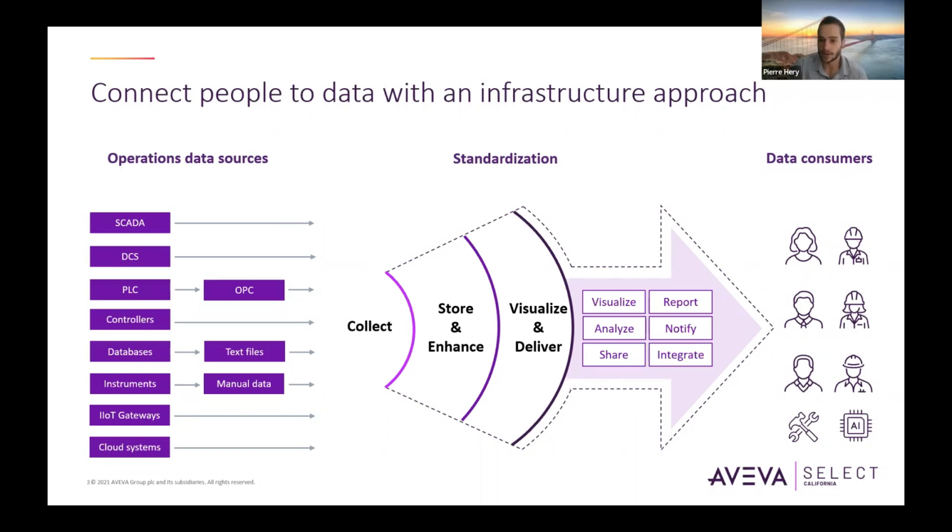It all starts with a collection of operational data from the data sources on the left, which include SCADA, PLCs, SQL databases, and manual entry is supported as well. Then the second step is the storing and enhancing of this data using the historian capabilities of PI, which we will look at later in this presentation. And finally, PI delivers this organized data to the right data consumers and decision makers.